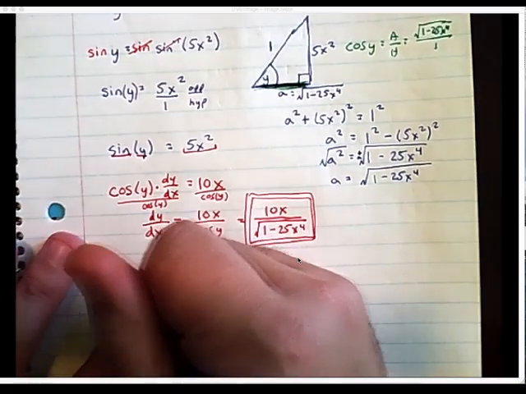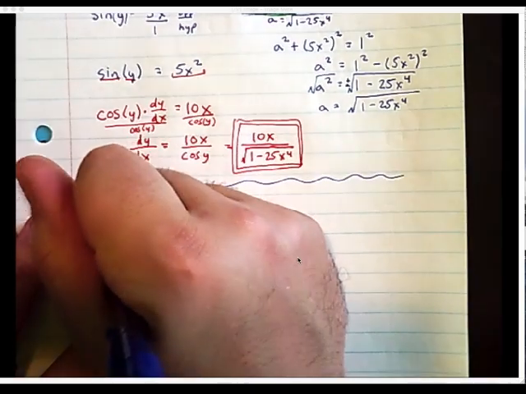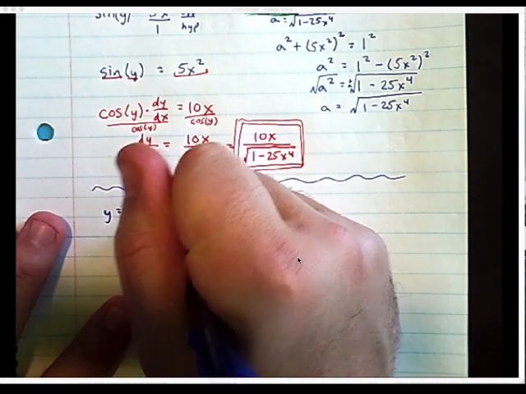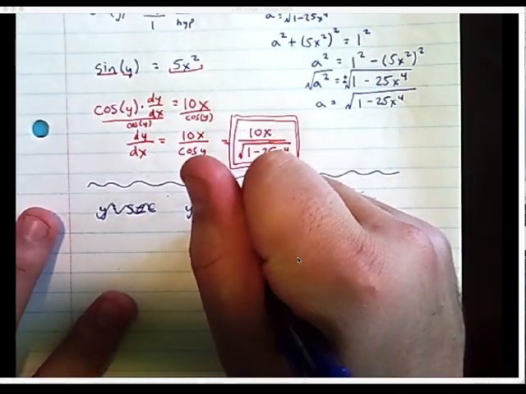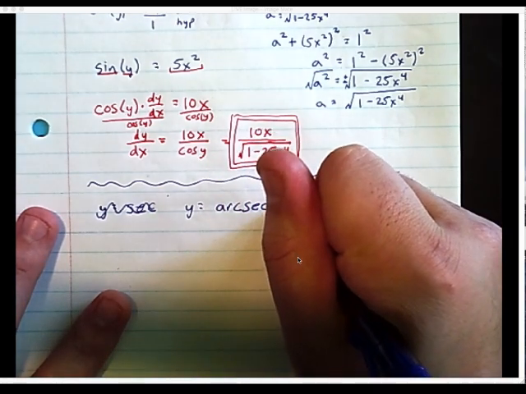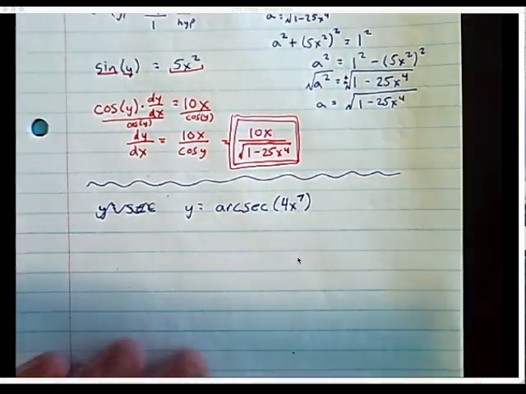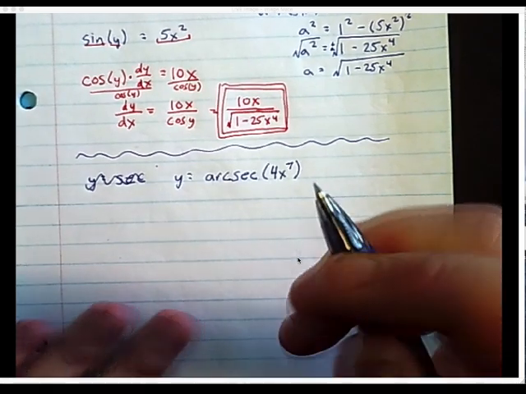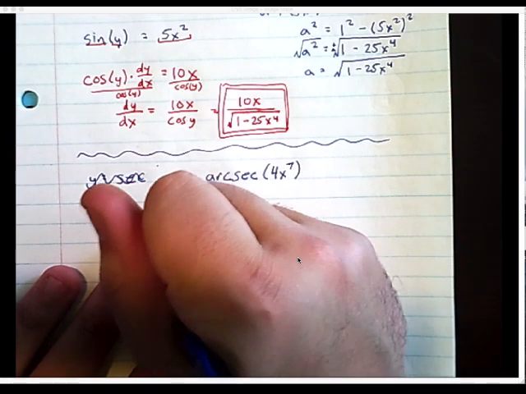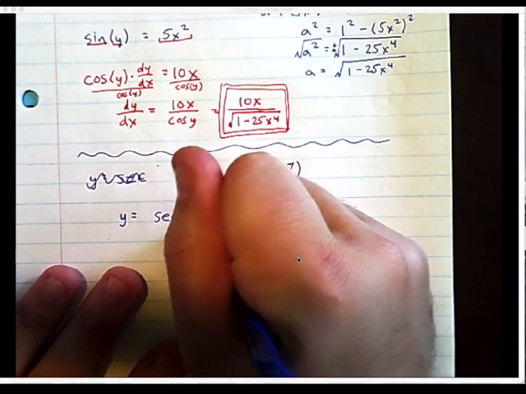So let's do another example here. Let's say I told you y equals the arcsecant of, let's do 4x to the 7th power. So again, I can write this as secant inverse of 4x to the 7th.